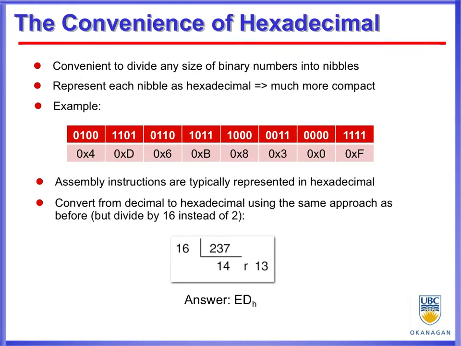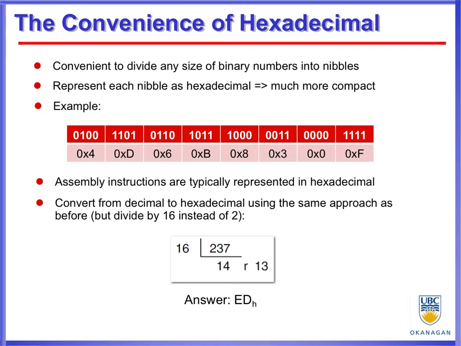Nothing too crazy. So we looked at binary, and the other number system that we see a lot in assembly language programming is hexadecimal.